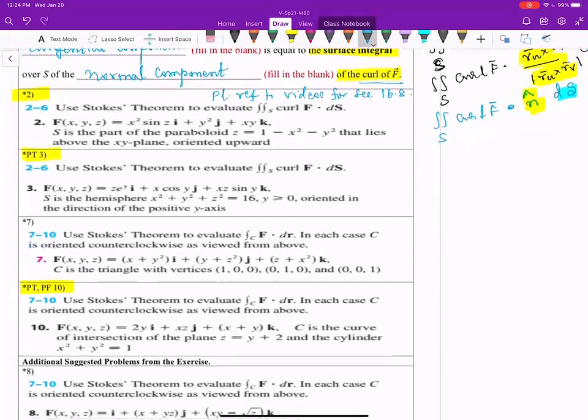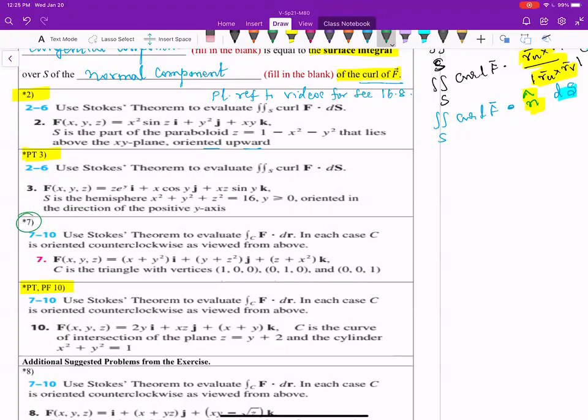Yet the orientation plays an important role. If it's upward orientation, it is positive, then you have to change the sign if it is of different orientation, downward orientation. So please refer to these problems in the section videos. For this video, I will be doing this problem number 7.